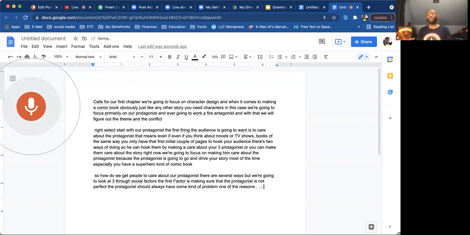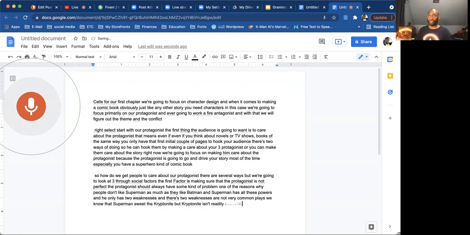One of the reasons why people don't like Superman as much as they like Batman is because Superman has all these powers and he only has two weaknesses, and those two weaknesses are not very commonplace. We know that Superman is weak to kryptonite, but kryptonite isn't readily available, at least not to my knowledge of current comic book lore. And changing the yellow sun to red also takes an extreme amount of effort.